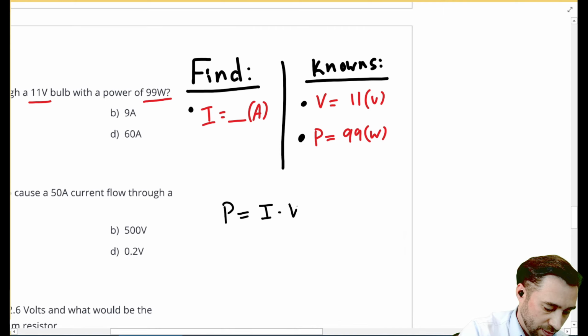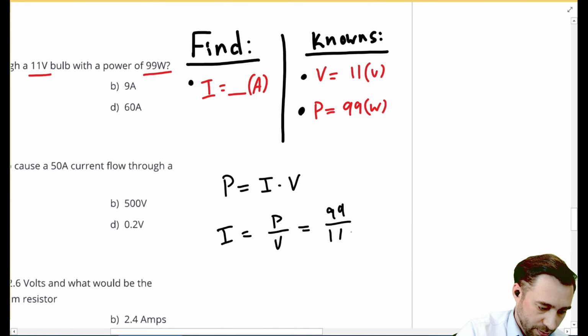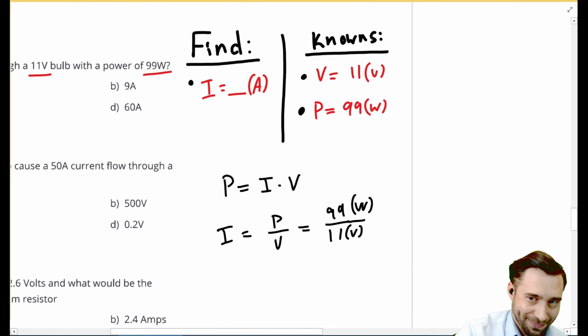That's not a V. That's a V. I'm searching for current, so I have power over voltage. Power is 99. Got 99 problems. It's your boy. And I get 9 amps.